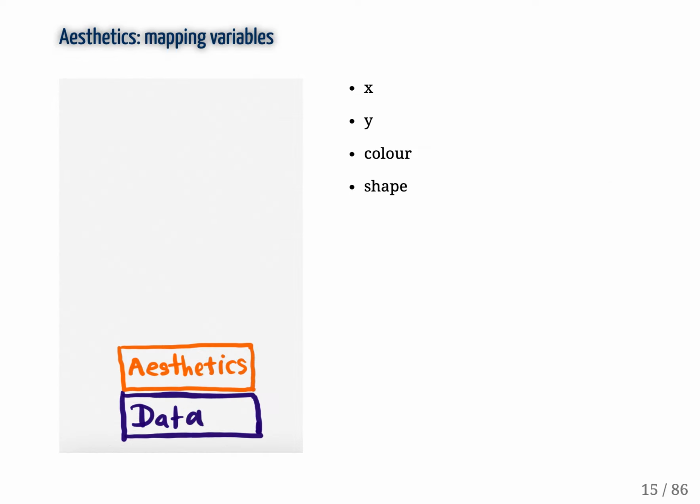Next layer is aesthetics. That's mapping variables. Mapping links variables to graphical properties. For example, this column represents what should be the x-axis. This variable represents what should be the color. This variable represents what should be the size, and so on.